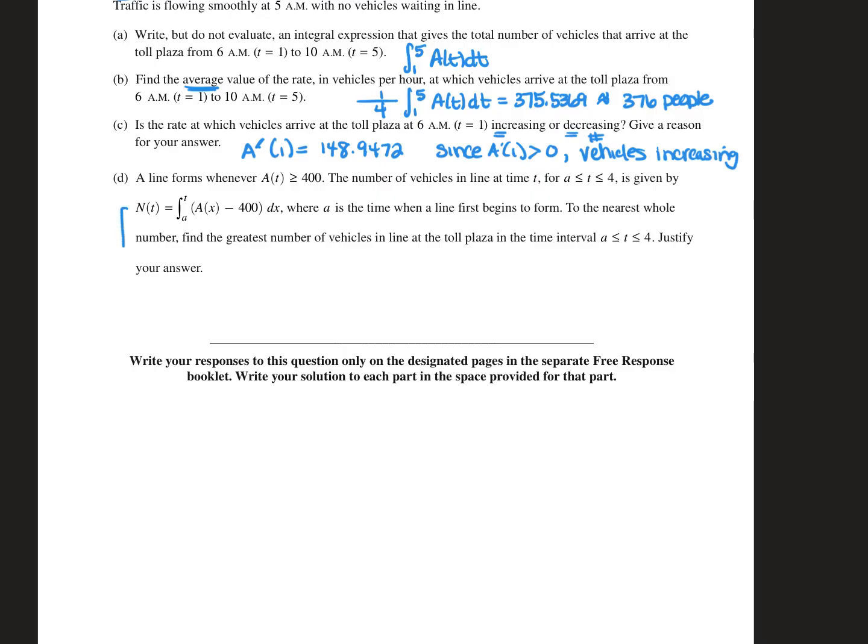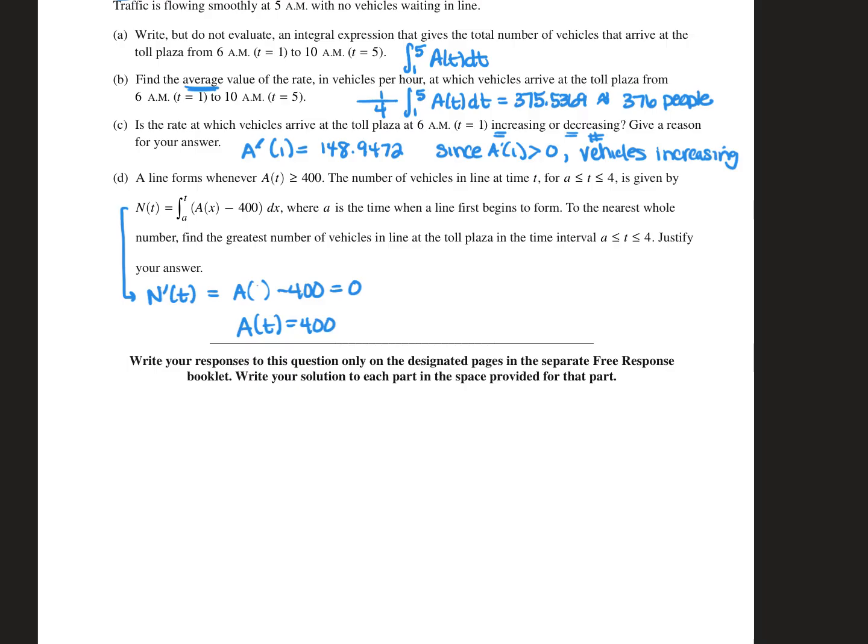Remember, the derivative cancels the integral, so N prime of t is A of t minus 400. We look for our critical point, which is when the derivative is equal to 0. So we're really looking for where A of t is equal to 400.